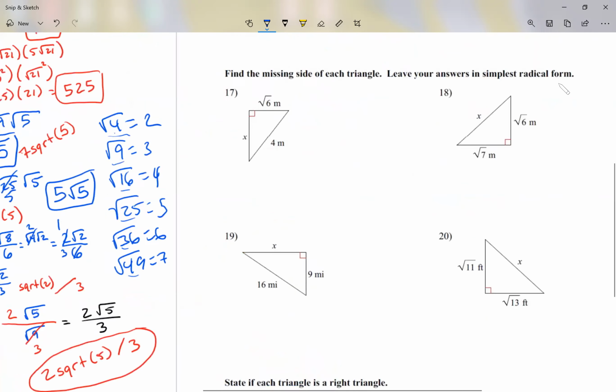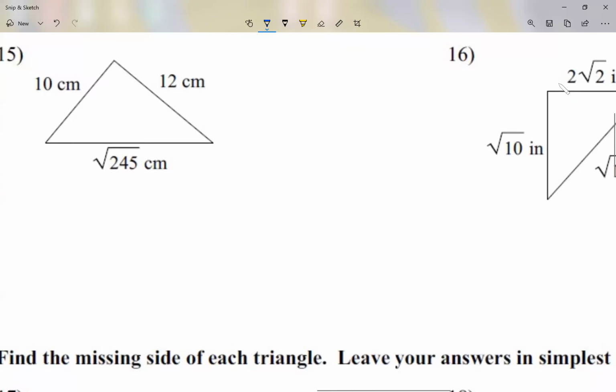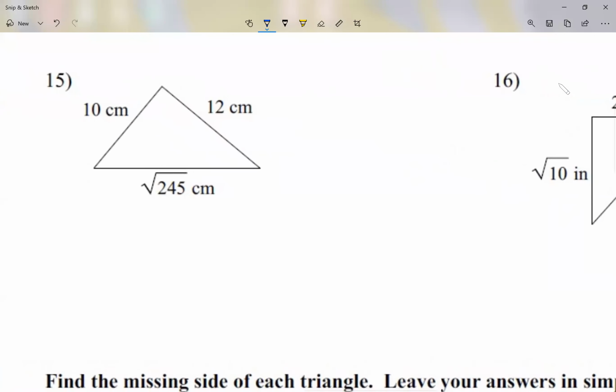Let me take a look at a couple more examples. Let's take a look at number 15. I'm going to square everything. 10 squared is 100. 12 squared is 144. The square root of 245 all squared is just 245. Again, when we square a square root, we just get the number on the inside. Let me add my two small numbers, 100 plus 144.